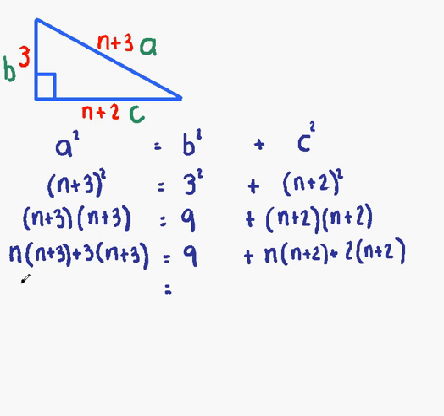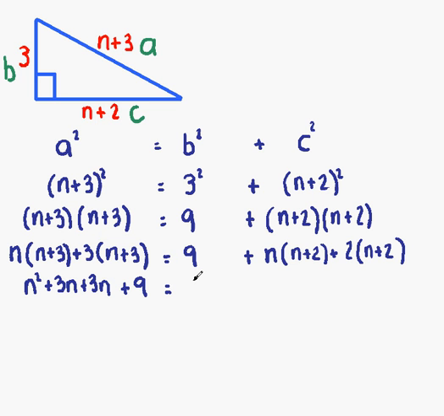What we can do now is start to multiply out our brackets. So n times n is n squared. N times 3 is 3n. Then we have 3 times n, which is 3n. And 3 times 3, which is 9.